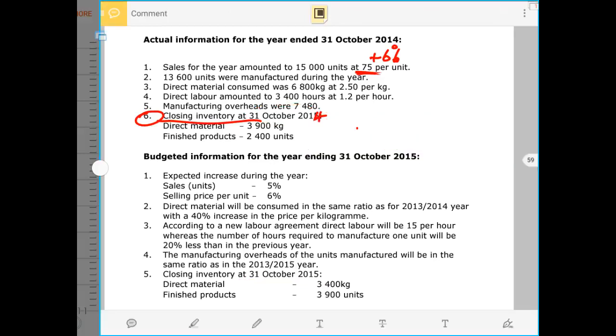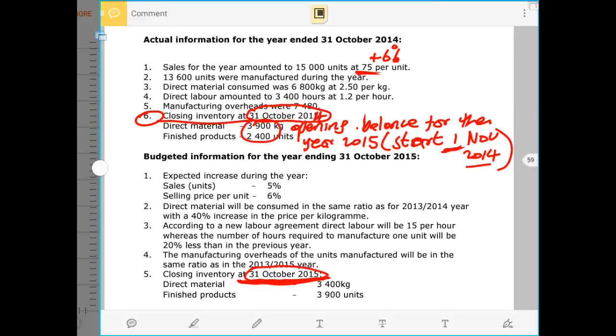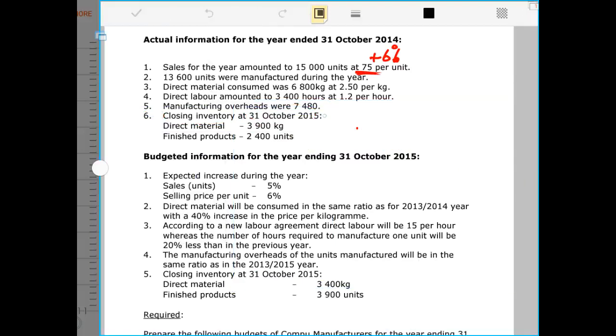So that is why these closing balances will be opening balances for the accounting period ending 31st of October 2015. Please take that into account, because opening balances and closing balances are very important in the topic of budgets.